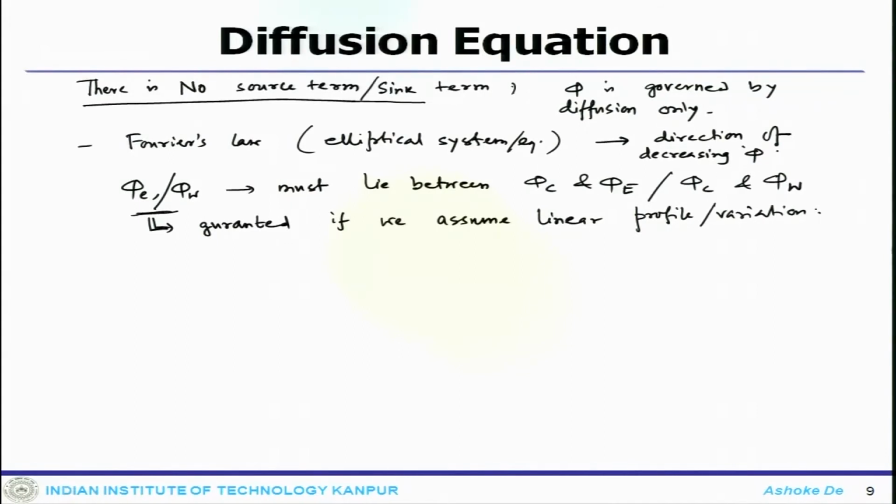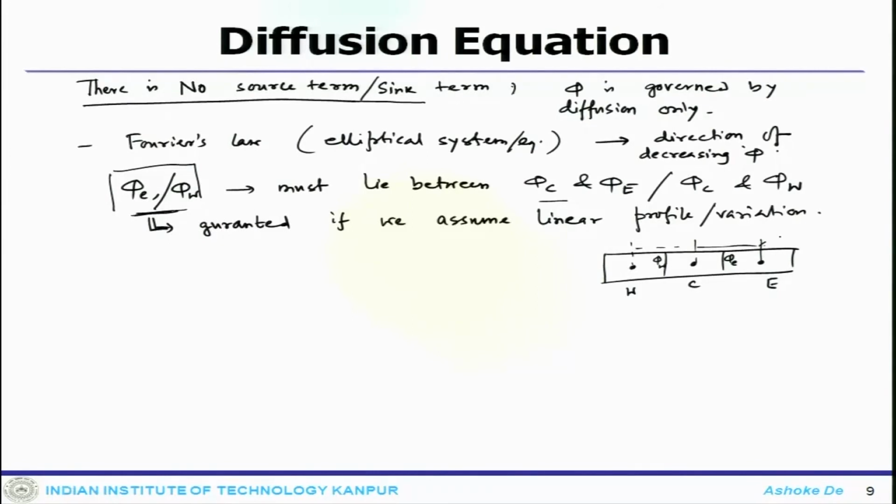Once we look at a one dimensional system, it does guarantee that all these surface values must lie between the centroid values in this one dimensional direction. So, these are my cells, this is C, this is E, this is W, this is my phi W, this is phi E. All these values will lie between these centered values.